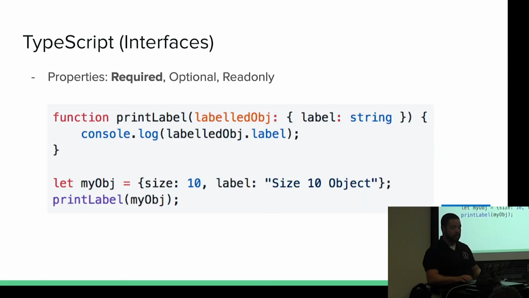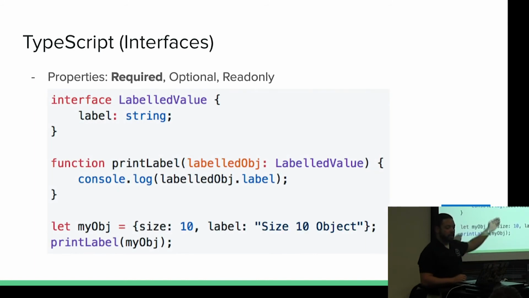If we go back, you can see that it's still label: string inside of the curly braces, but if we move forward, now we're just pulling it away into its own interface declaration, and then where we call printLabel of labeledObject, we just say now this has to be of type LabeledValue. It's the same thing as before, only it's a little more organized. It's easier to define these more complex objects external from where they're being used, and then the same lines of code satisfy it as well.